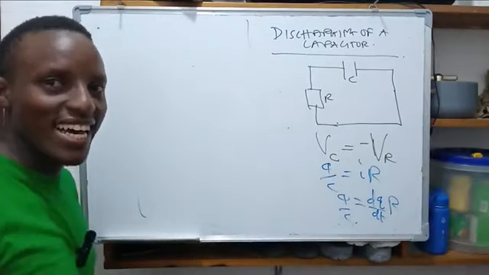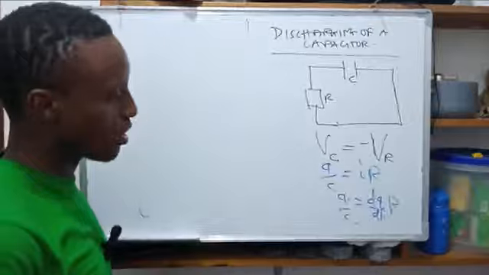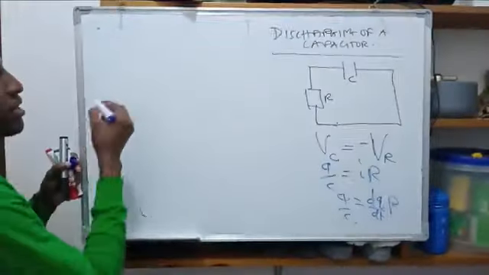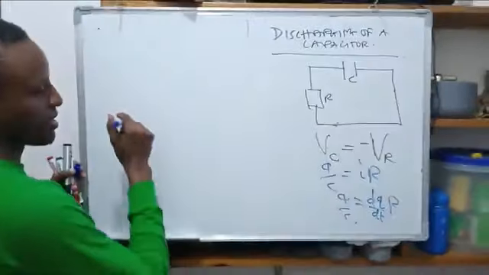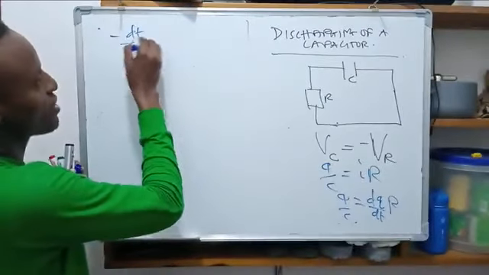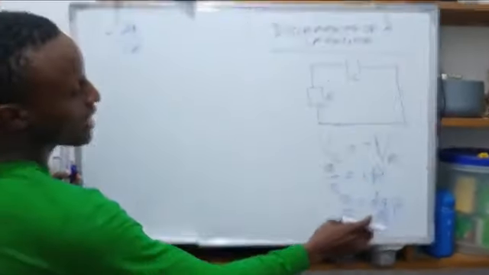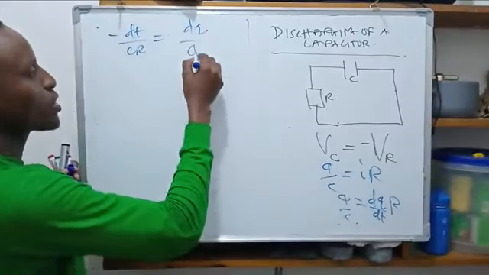Physics is so sweet, guys. So let's talk about this. I can rearrange the terms with CR and time, so this becomes negative dt over CR equal to dq over q.